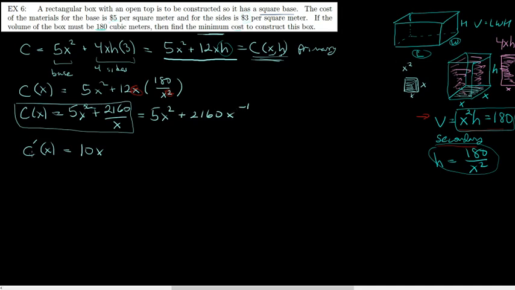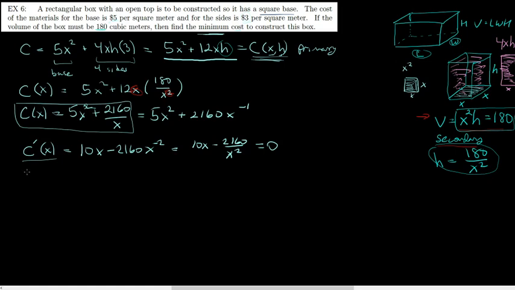So you're going to get negative 2160 x to the negative 2, or if you want to write it as a fraction again, minus 2160 over x squared. So that's the derivative of the cost function. So set it equal to 0 and solve for x. Those will give us our critical numbers.